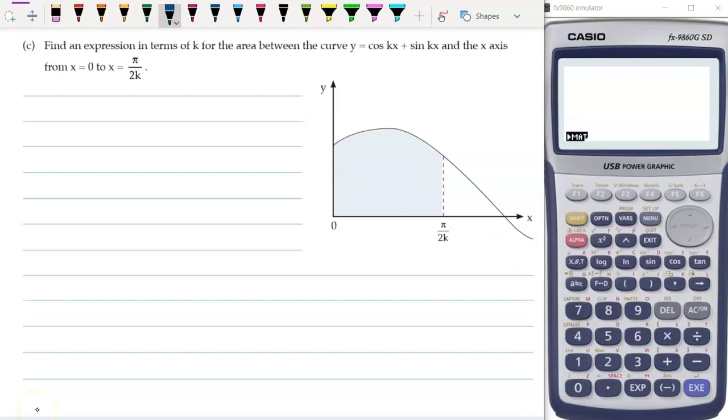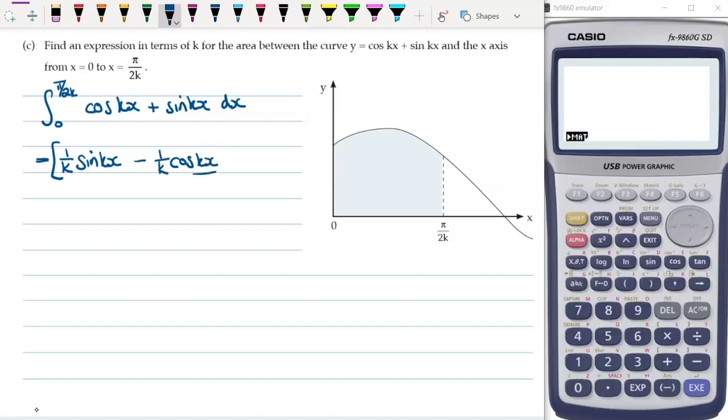Okay, if we're finding this area, we're going to integrate between 0 and pi by 2k of cos kx plus sine kx. Now cos integrates to positive sine, and we need to divide through by the k. And sine integrates to negative cos kx, and again divide through by the k because it's the derivative of what's inside that function.